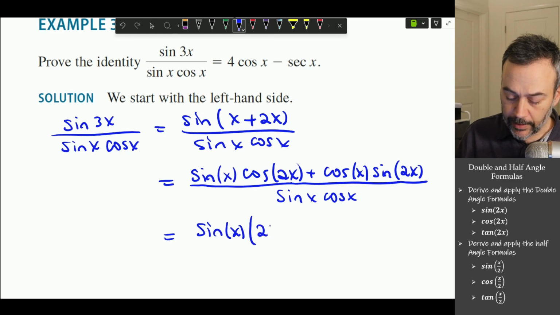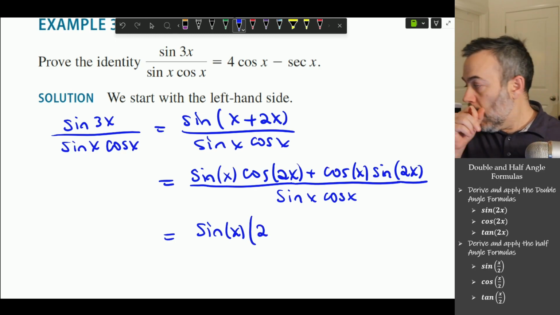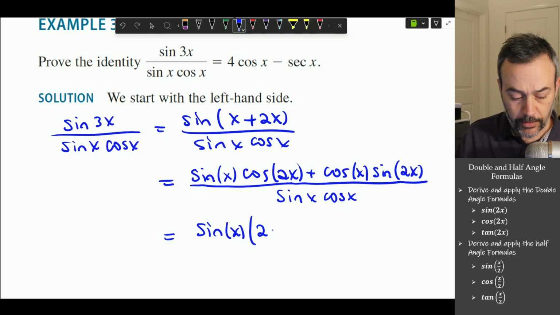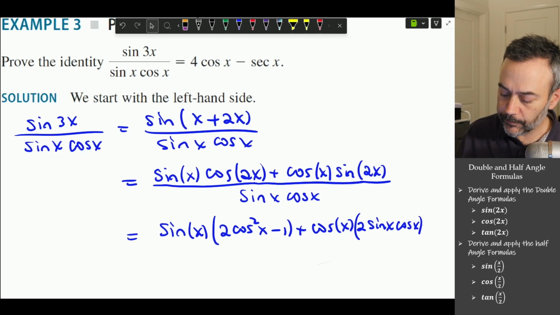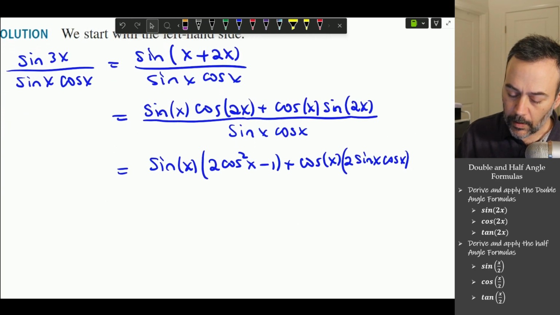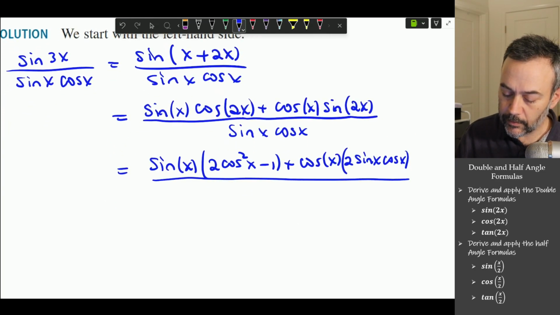What does work is to use cosine 2x is 2 cos squared x minus 1, plus cosine x, and we use the sine double angle formula, and there's only one, 2 sine x cos x, and then all over sine x cos x.